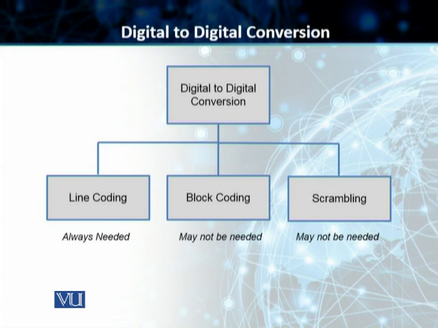The first one is called line coding. Whenever we need to convert digital data into a digital signal, we need line coding. So it's always needed. The second technique is block coding, and we'll discuss it in further detail, but for now, you should know that it may or may not be needed. Then we have scrambling. Once again, scrambling may or may not be needed.